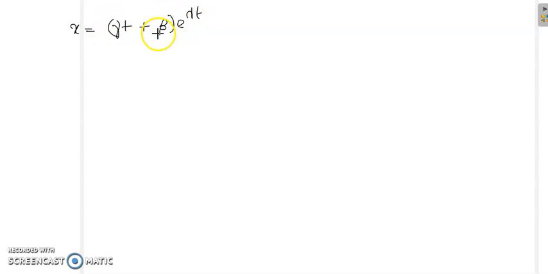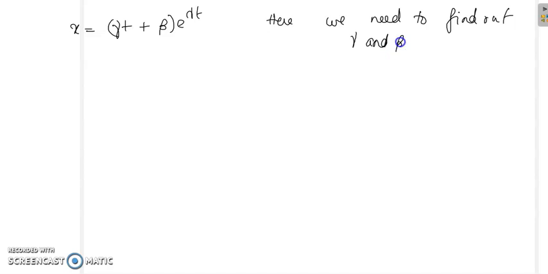So this is the form of the second solution. We need to find out gamma and beta so that it is a solution.